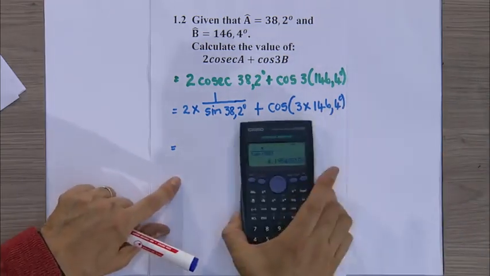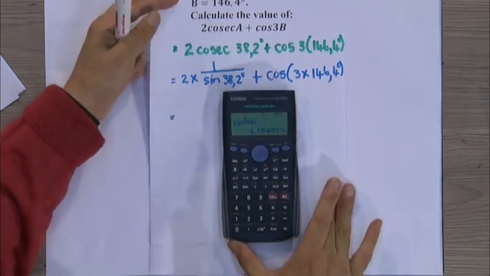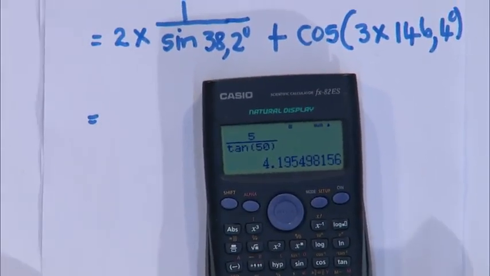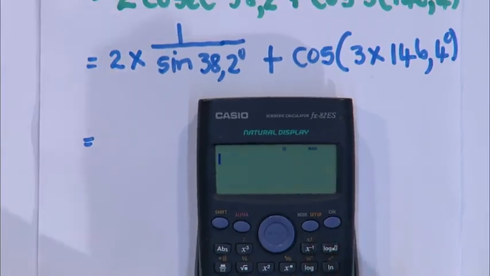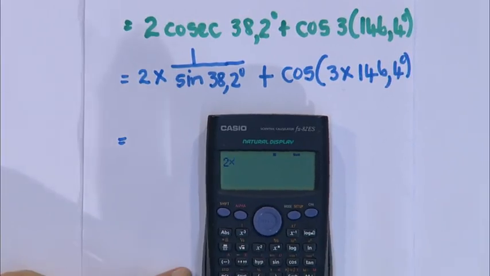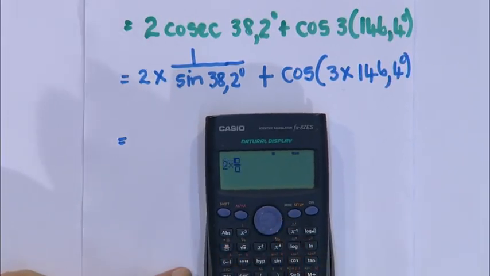Now let's go again to the calculator and see if we can punch this in. There's our sum. So in the calculator, we're going to say 2 times. Can you see exactly what we have there? We have a fraction, which is 1 on top, and at the bottom we have sine of 38.2. We close the bracket, right?